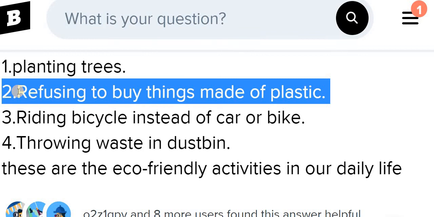Segregate the waste, the wet and the recyclable one. So these are some of the activities that you can perform which are eco-friendly too, and which help to save the environment.